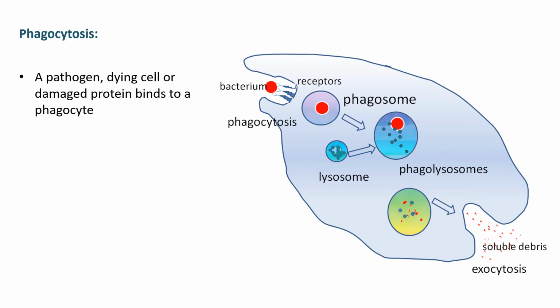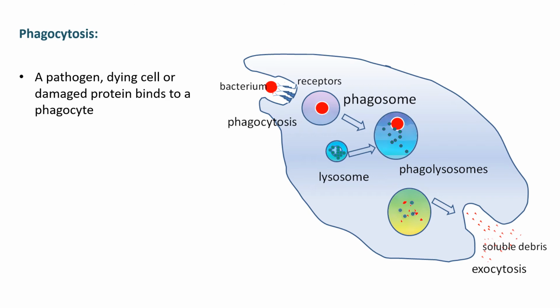So phagocytosis then. Phagocytosis, as I said, this is actually receptor-mediated, really. A pathogen, dying cell, or damaged protein binds in different ways that we'll talk about in immunology to a phagocyte. That phagocyte then puts up arms around it.